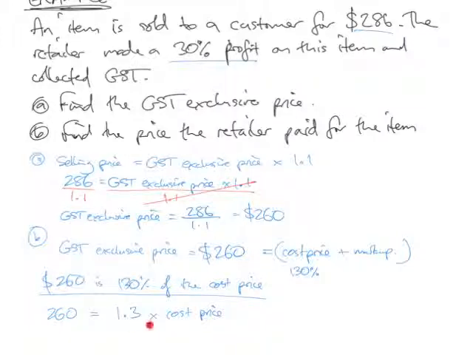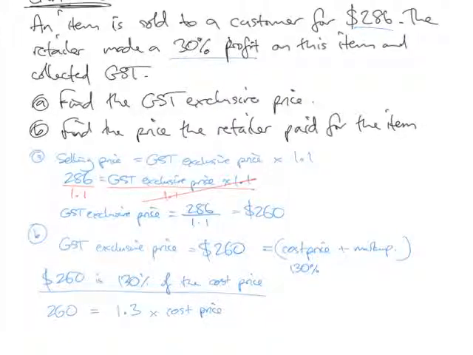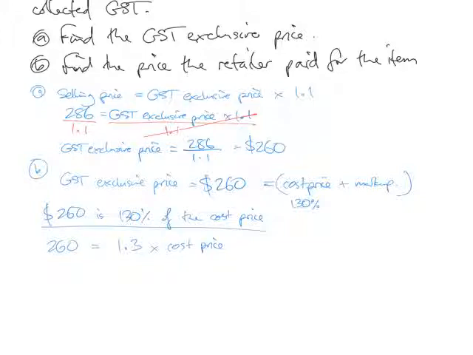I'm trying to work out what cost price is. I need to rearrange and use basic algebra techniques to get cost price by itself. So I need to get rid of this times by 1.3. What's the opposite of timesing by 1.3? Dividing both sides by 1.3. That cancels out. So cost price is going to be whatever 260 divided by 1.3 is. So divide it by 1.3 and you get 200.